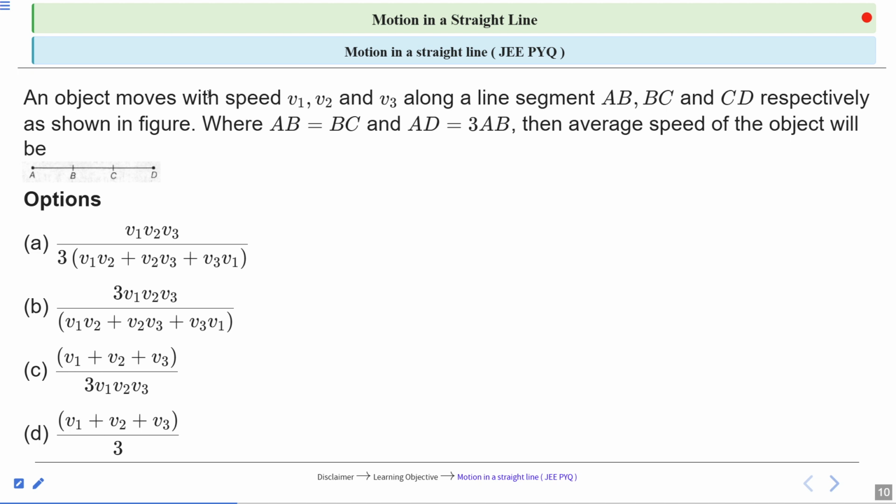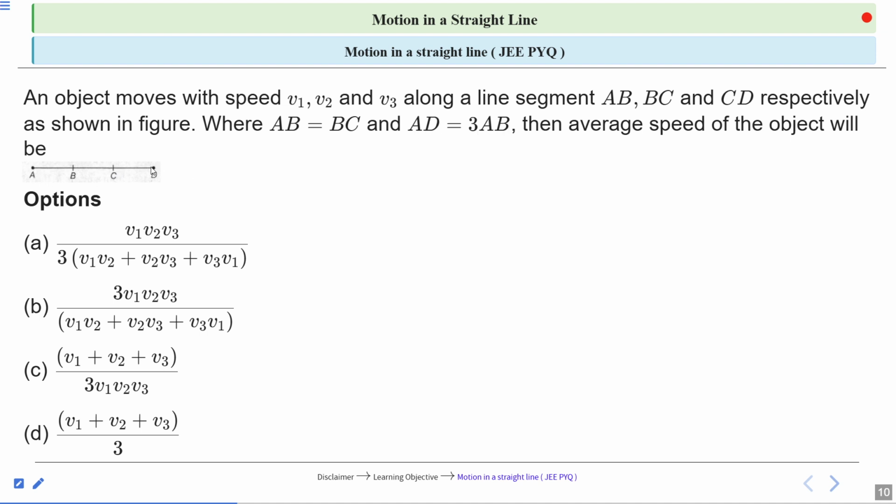An object moves with speeds v1, v2 and v3 along line segments AB, BC and CD respectively, as shown in the figure. So look at the figure. The line segments are AB, BC, CD, where AB equal to BC and AD equal to 3 times of AB.